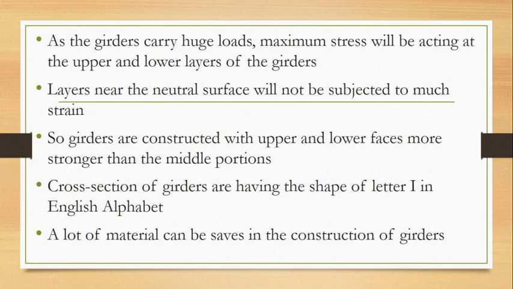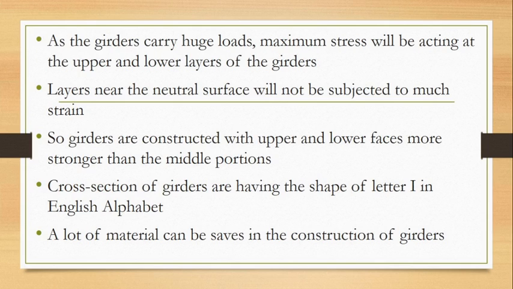That's why these girders have the shape of I in the English alphabet. When you write I, you can see the upper and lower portions are made stronger and the middle portion is made smaller.